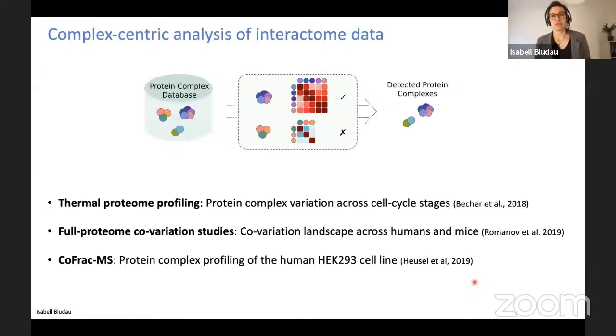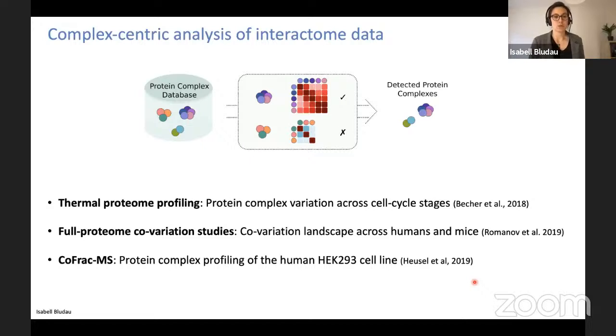This complex-centric analysis approach is an idea that has been around for some time, and it's not something that we've invented. It may not always have been called this, but the overall idea has been used in strategies for thermal proteome profiling, where Becher et al. analyzed protein complex variation across different cell cycle stages.